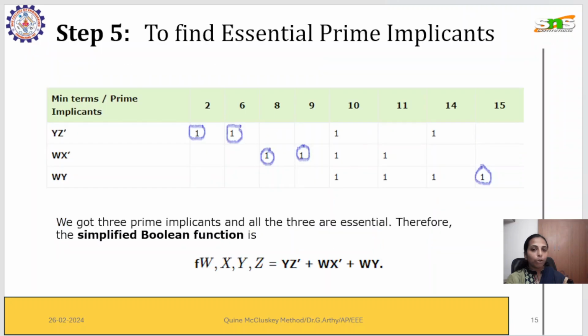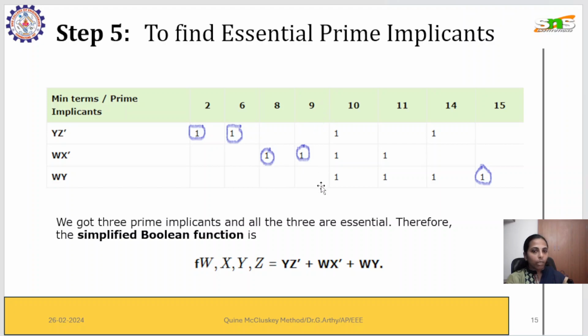Once after forming the prime implicants, we have to find the essential prime implicant. An essential prime implicant is the prime implicant which has only one in its column. If you see this column, here we have only one. Similarly in this column also only one, and here also only one.